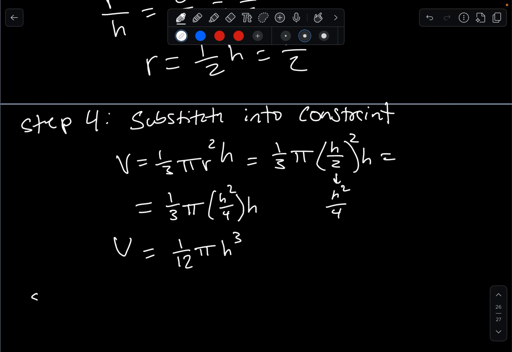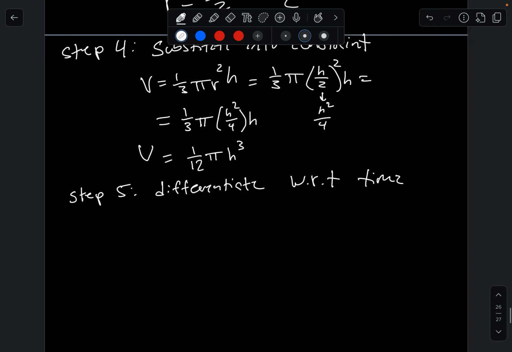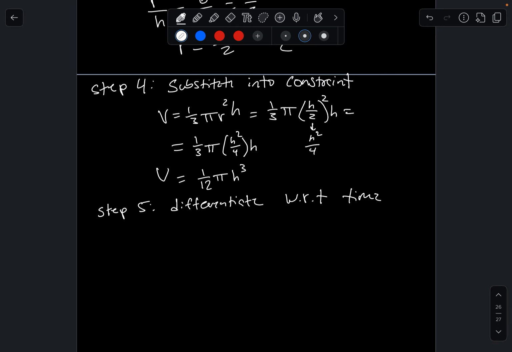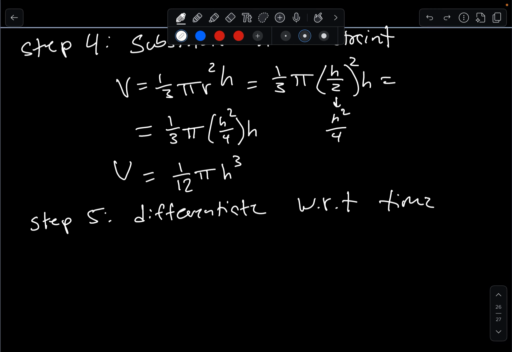So step 5 is to differentiate with respect to time. And again, all this means is that everything is going to be over dt. So let's differentiate both sides.